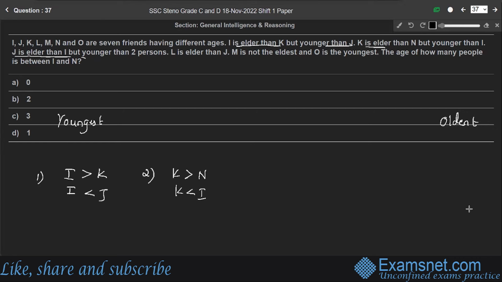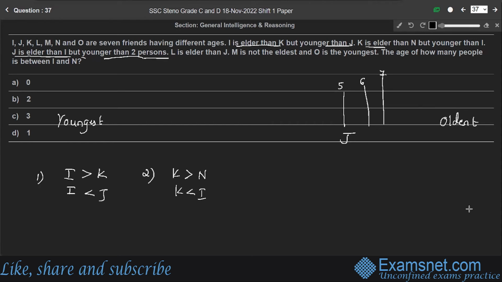This is very important. J is younger than two persons. That means there are two oldest persons, and J is the fifth person. After J, there are two more persons who are oldest.